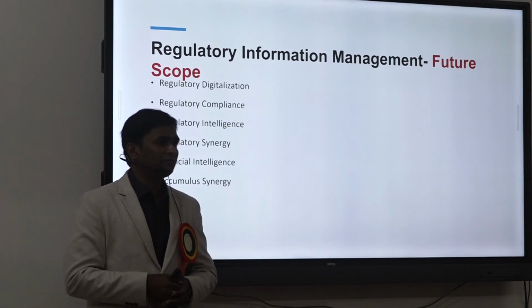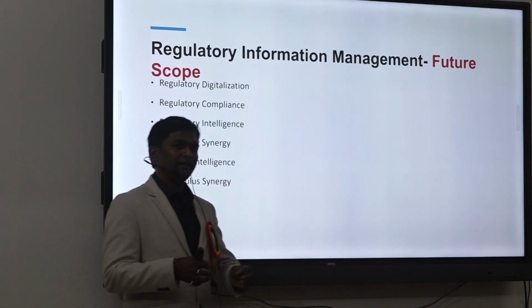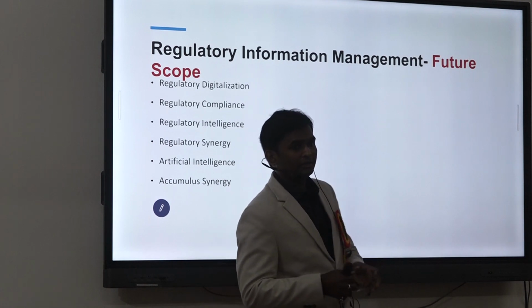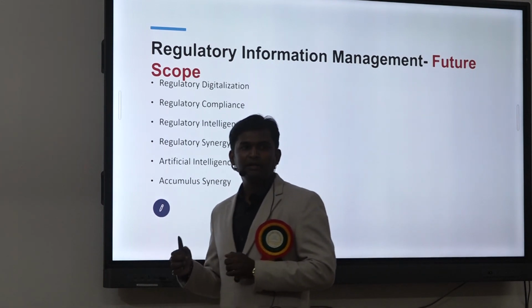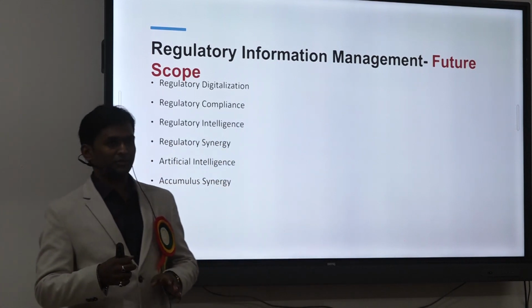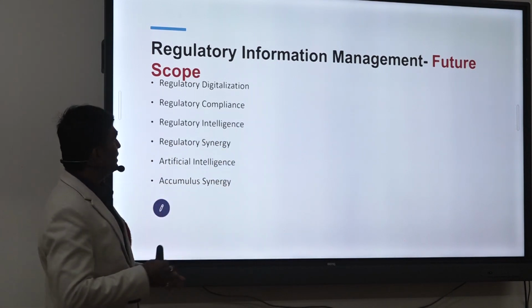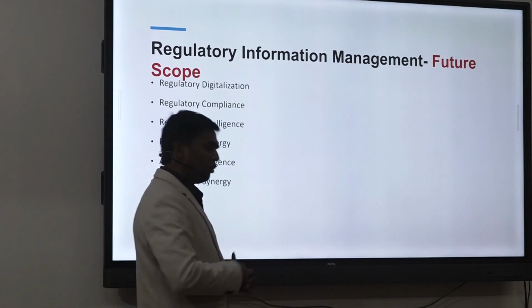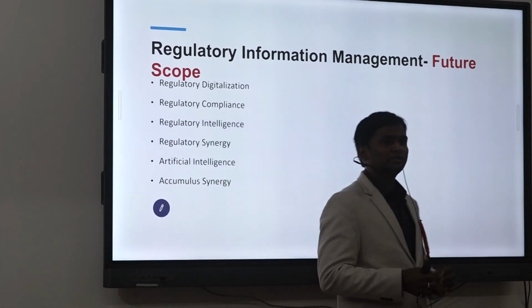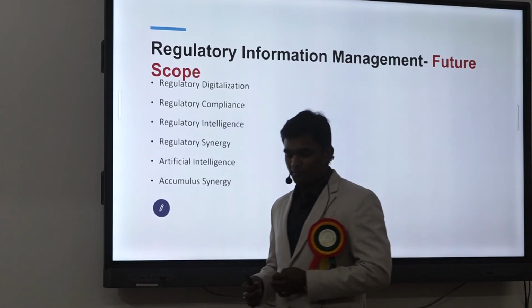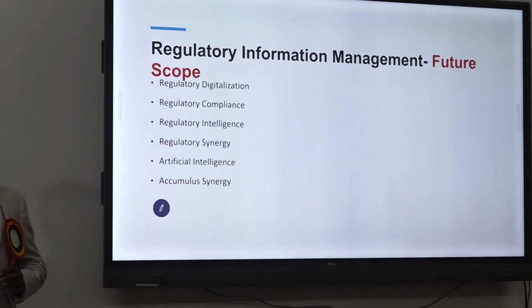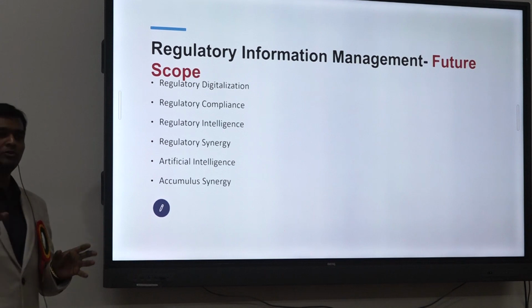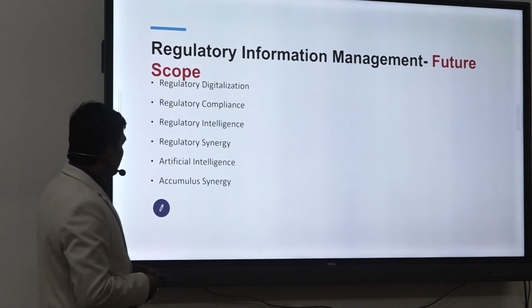But nowadays, most companies have created a vault or unified system where every component of regulatory can be tracked in one system. So that is regulatory synergy. It is future scope. Not all companies have created that because of the cost associated with it, which is why most companies are dealing with multiple standalone systems.